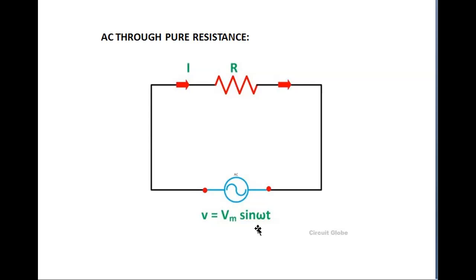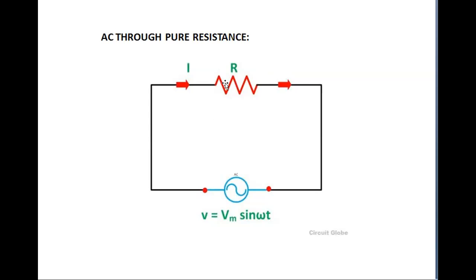That means here Vm should always be greater than Vm by R. Why? Because here R is a whole number. That means some value will exist for R. And Vm is less than Vm by R when R is a decimal number.